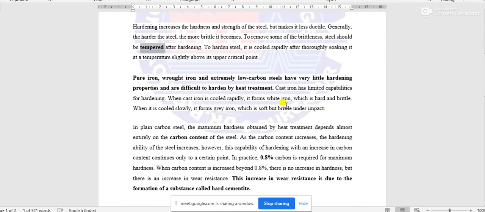In that case rapid cooling is to be used, and hardness may be improved but brittleness is also increased. But if cooled slowly, then gray iron will be formed, and that will be soft also. That means hardness properties are not improved.